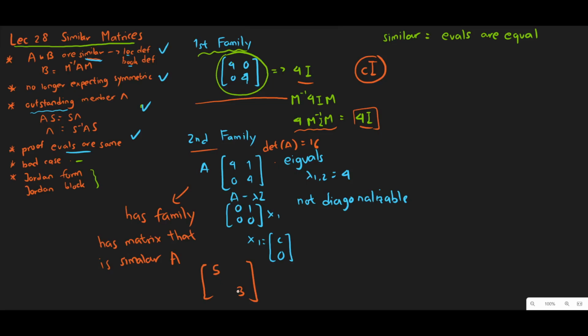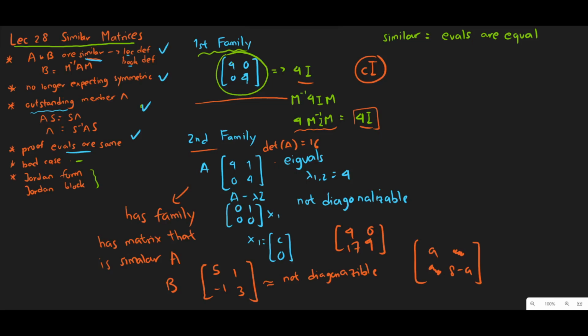So I need to add +1 here, and this is clearly similar to this one. Let's name it B, and this is also not diagonalizable. Another one could be 4, 0, 17 right here. It's just some kind of matrix where you start with A, then take the trace minus A, and then build something up here.